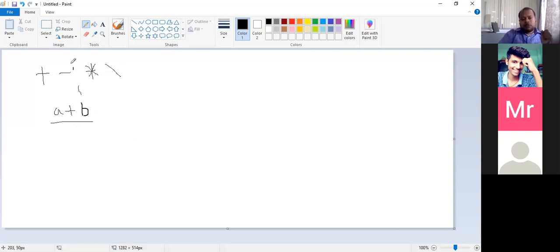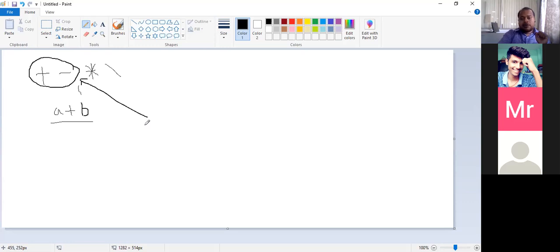Plus and minus also work as unary operators. How? Can anyone tell me how addition and subtraction can work as unary operators? Unary means only a single operand is needed.